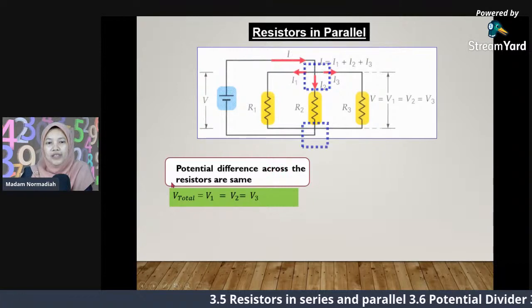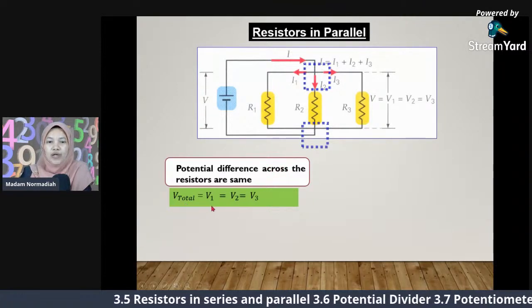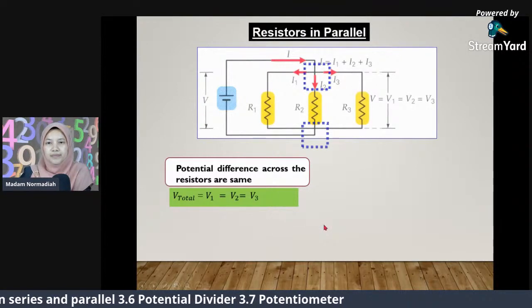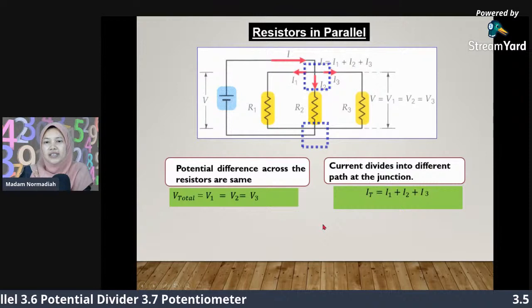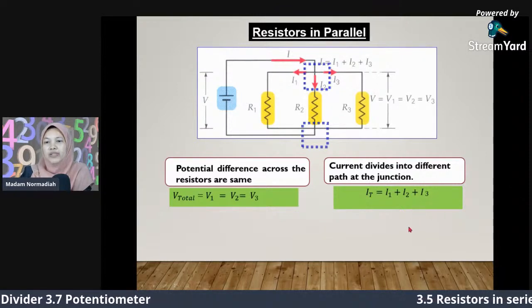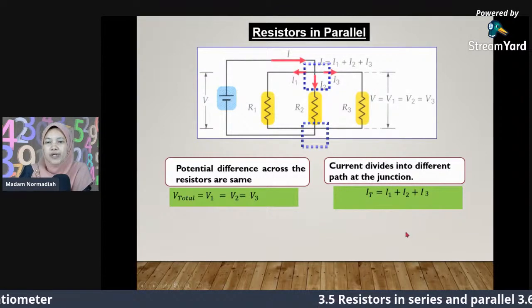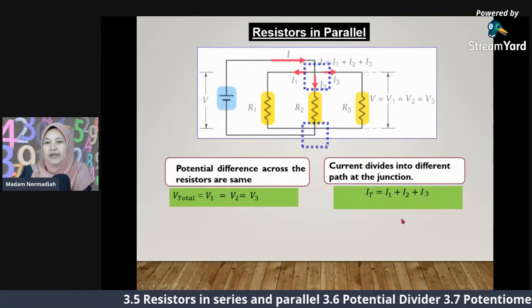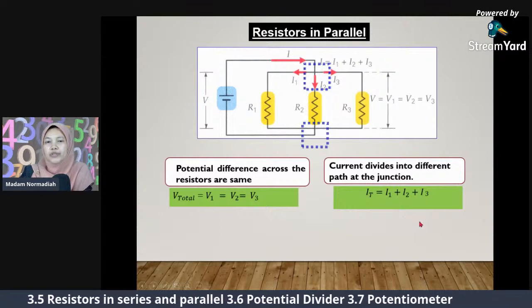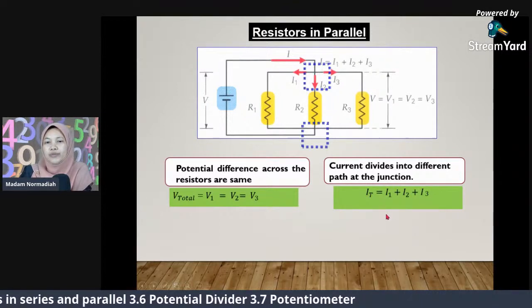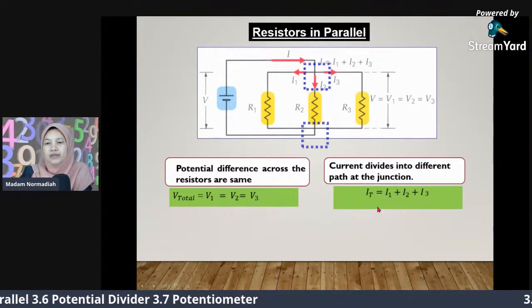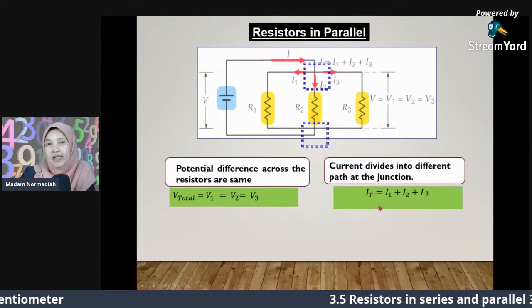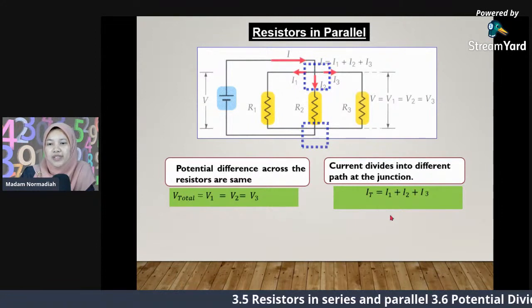We apply voltage, which is V total equals V1 equals V2 equals V3. But the current in this circuit is not the same, because the current is divided into different paths at the junction. So the total current that flows through all the resistors equals the total current. We can write I total equals I1 plus I2 plus I3.